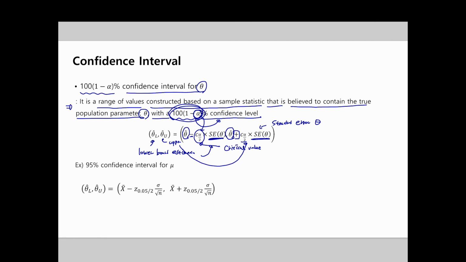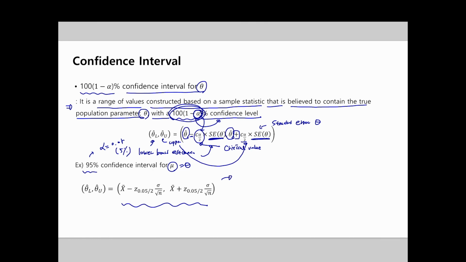For example, if theta represents the population mean mu and the confidence level is 95%, that is alpha equals 0.05, we can obtain the following confidence interval.